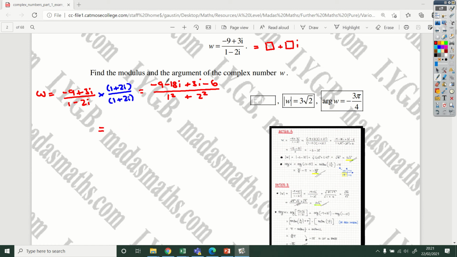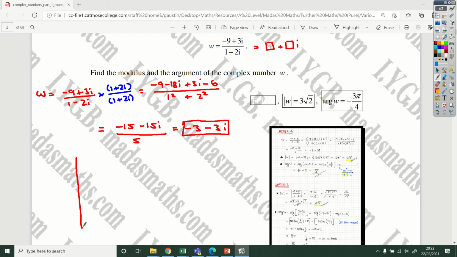Okay, let's tidy up. On the top, we've got minus 15, and then minus 15i. And on the bottom, we're going to get 5, because that's 1 plus 4. Simplifying at the end, we've got minus 3 minus 3i. So we've simplified our complex number. If I draw a sketch now, then I can get these two things that I need to finish the question.